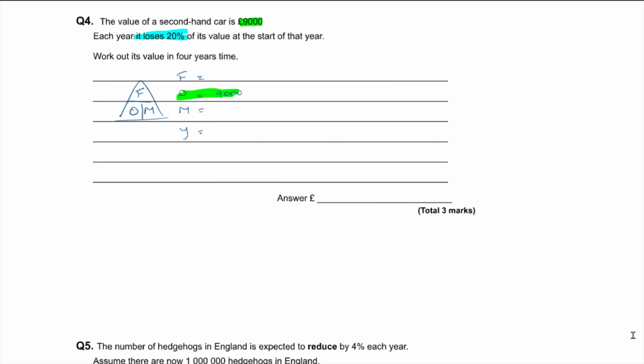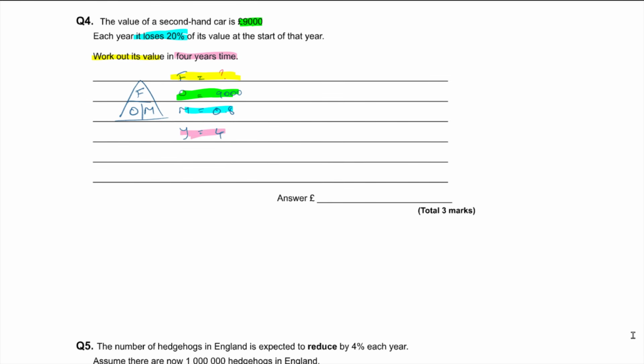So if you've got 100% and you subtract 20%, that's 80%, and as a multiplier, that's 0.8. Work out its value after 4 years' time. So the number of years is 4. So that's where that all comes from.